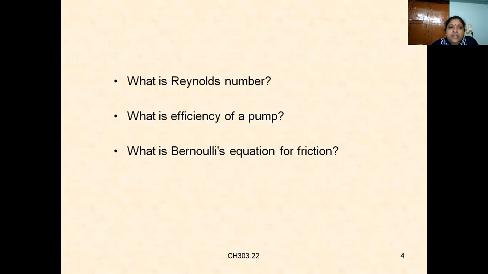Reynolds number NRe is equal to D U rho by mu, and Bernoulli's equation between the two stations is P1 by rho plus g Z1 plus alpha 1 U1 square by 2 plus efficiency into Wp is equal to P2 by rho plus g Z2 plus alpha 2 U2 square by 2 plus hf. This is the Bernoulli's equation between two stations with pump work and fluid friction.